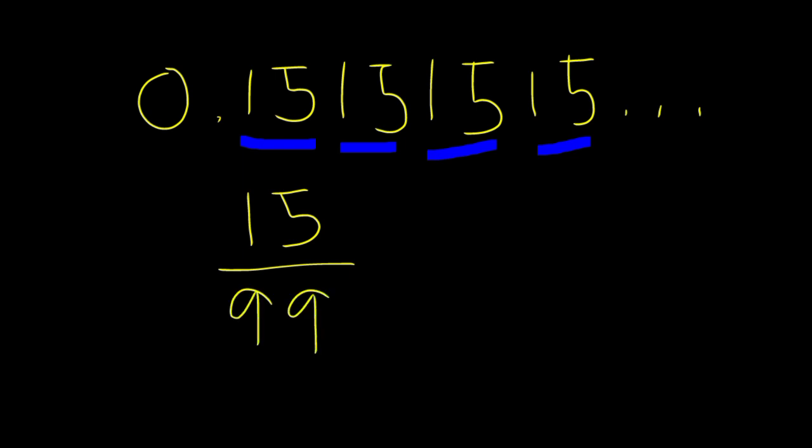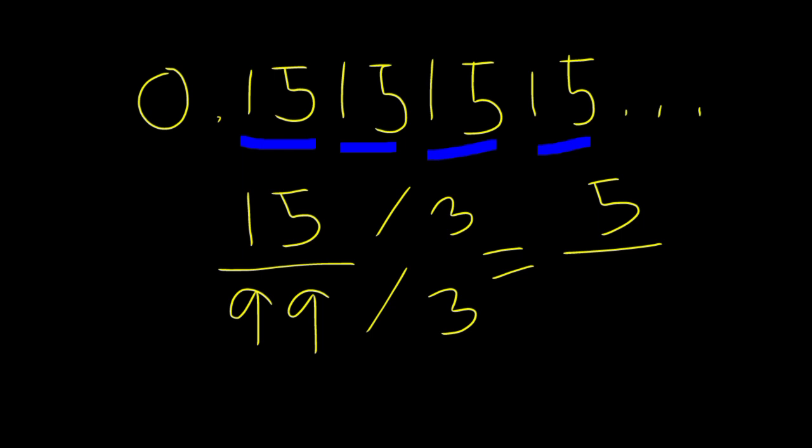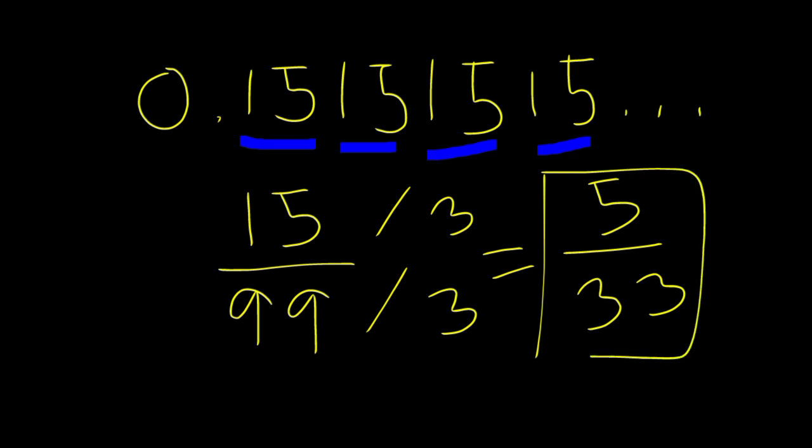Or we can divide both numerator and denominator by 3. So 15 divided by 3 is 5. 99 divided by 3 is 33. Therefore, our answer is 5 over 33.